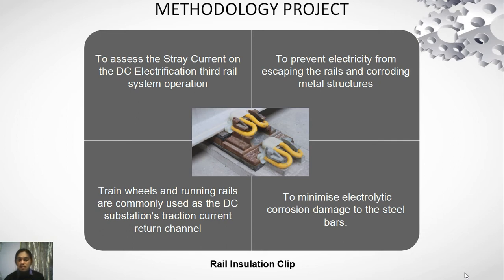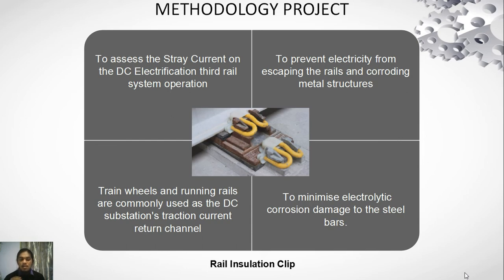If the rail and slipper are not insulated, the ground loop is significantly more difficult, which is the issue of stray current, and then to prevent the electricity from escaping the rail and corroding metal structures. Most modern rail systems employ highly insulated rail.